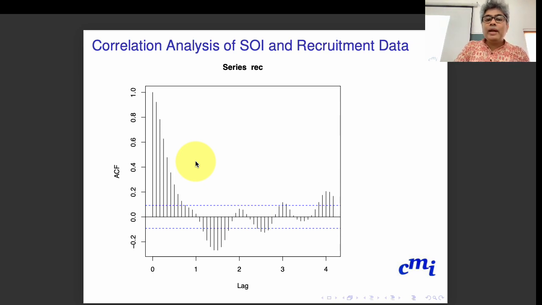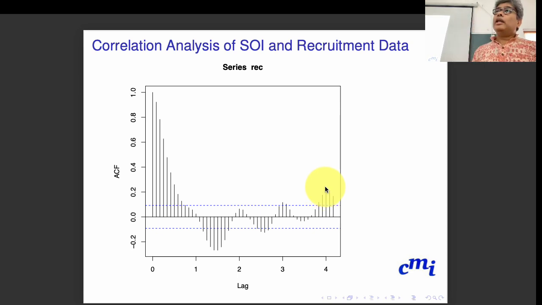Then the recruitment data behaves in a very interesting way: it gradually goes down. At around 18 months it goes to a negative level, and then it stays like that, and then in the fourth year there is some positive correlation.